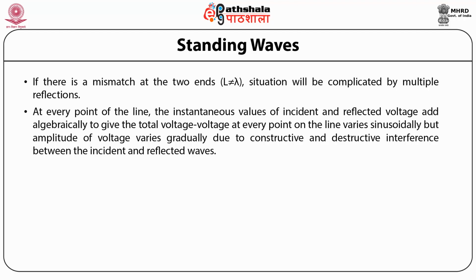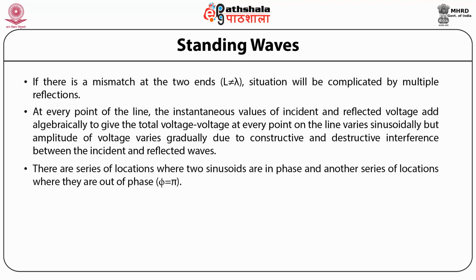The total voltage at every point on the line varies sinusoidally, but the amplitude of the voltage varies gradually due to constructive and destructive interference between the incident and the reflected waves.